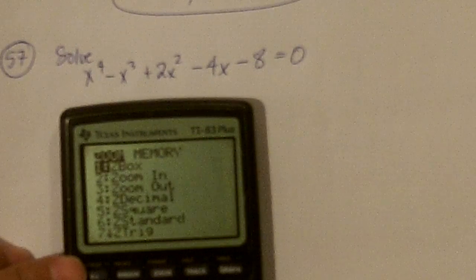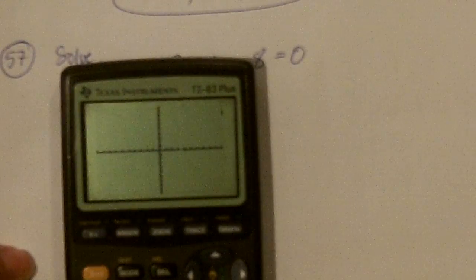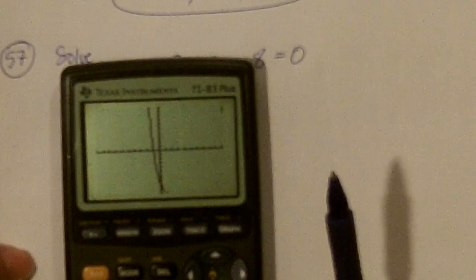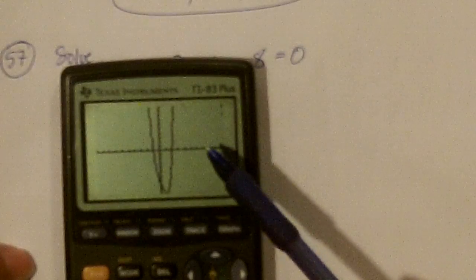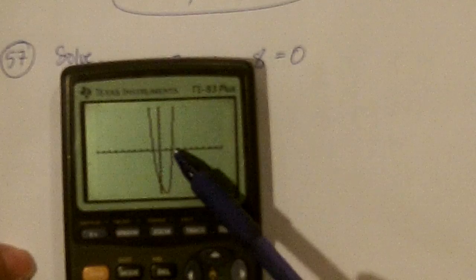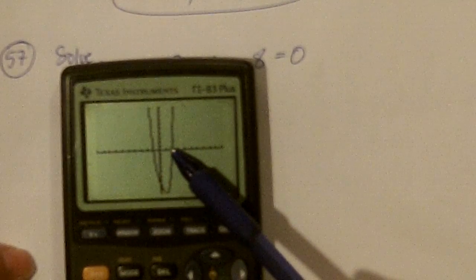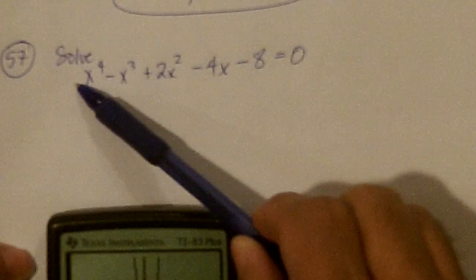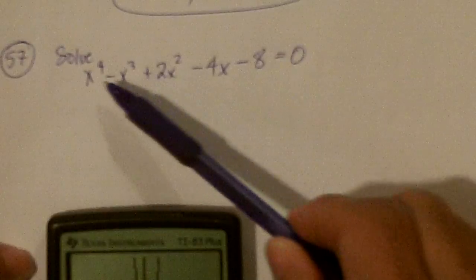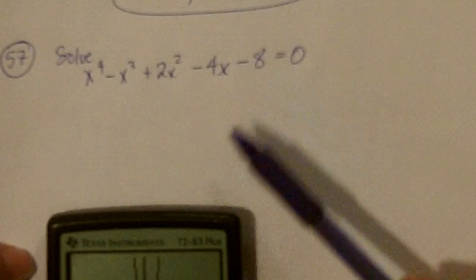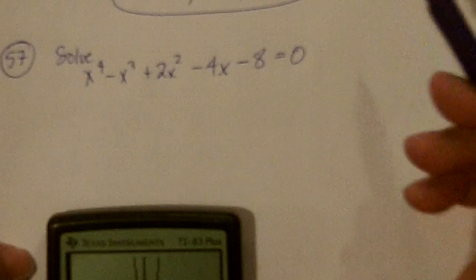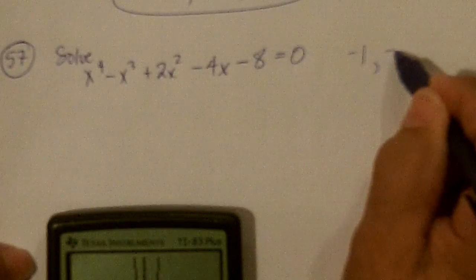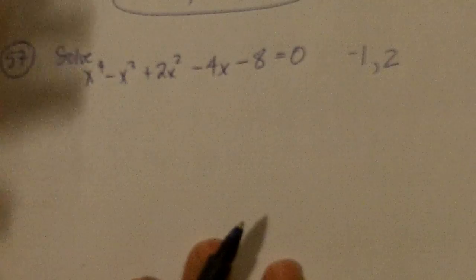And if I go zoom 6, I'd be able to see most of them if there are any here. And it looks like we might have minus 1 and 2 are those possibilities. Minus 1 would be a factor of 8 over a factor of 1, and so would 2. So I got minus 1 and 2 we're hoping work.